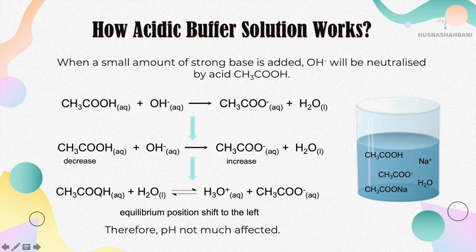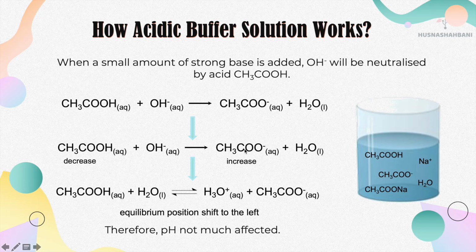When this concentration decreases, CH3COOH will dissociate into the water to produce H3O+ and CH3COO-. We have this dissociation equation. This is a reversible arrow. So when the concentration of CH3COOH decreases, the equilibrium position will shift to the left.